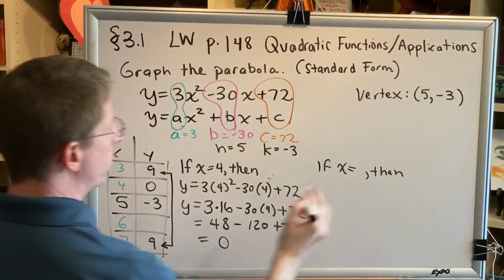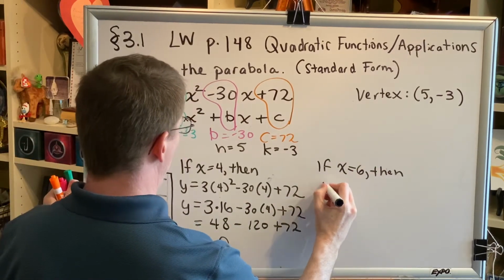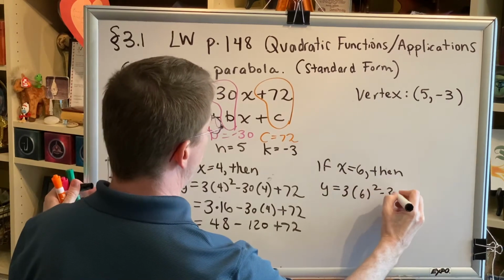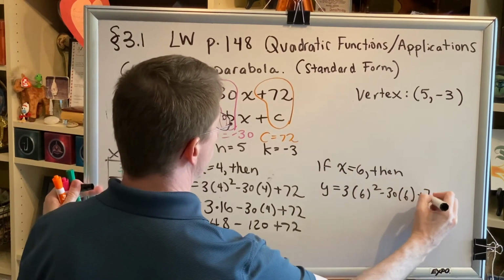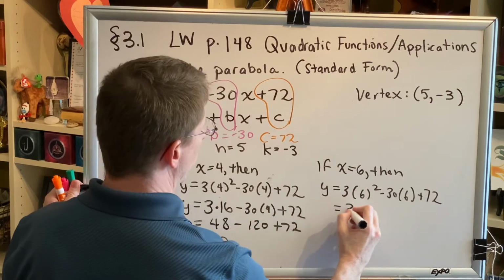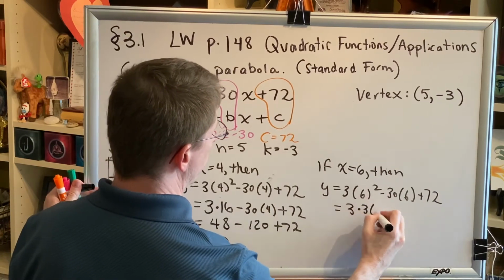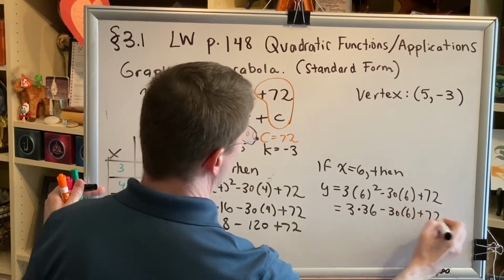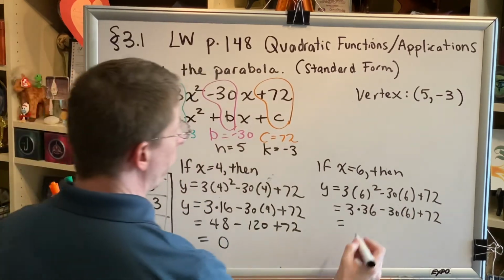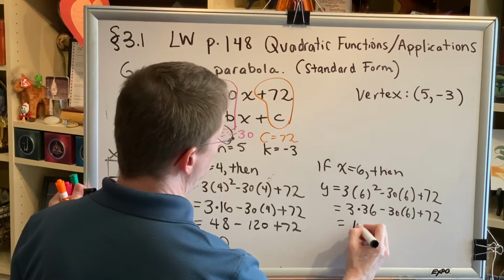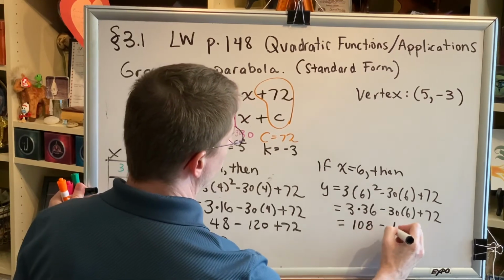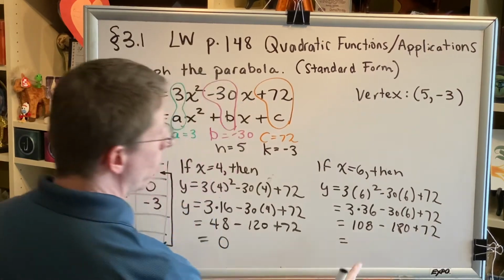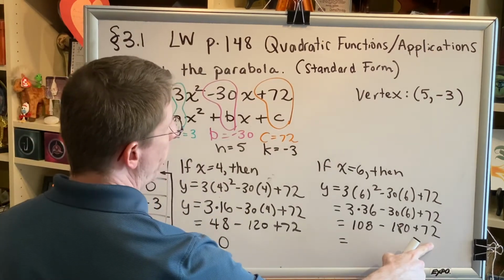If x equals 6, then y equals 3 times 6 squared minus 30 times 6 plus 72. 6 squared is 36. Multiplication before anything else. 36 times 3 is 108. 108 and 72 combine to make positive 180.